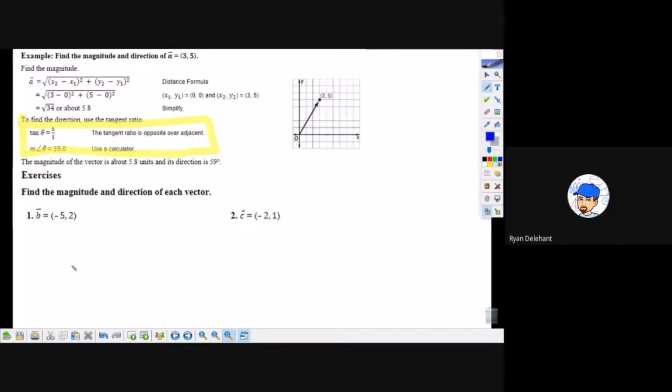We're actually solving for that angle in the right triangle that's made. So let's draw each one of these vectors first. So vector B is -5, +2. So that means its endpoint is going to go out here.